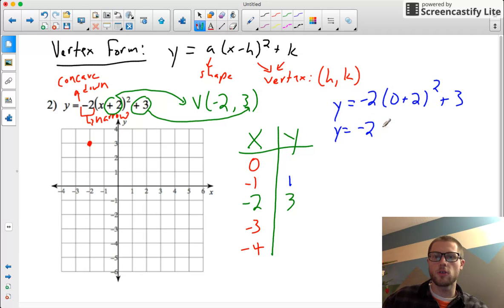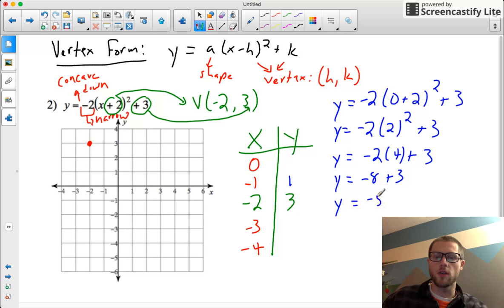So I've got a -2 times 2 squared plus 3. Next, let's take care of the exponents. Y equals -2 times 4 plus 3. So y is going to equal, this becomes a -8 plus 3. When I add those two, I get y equals -5. And here is my y value when x is 0.